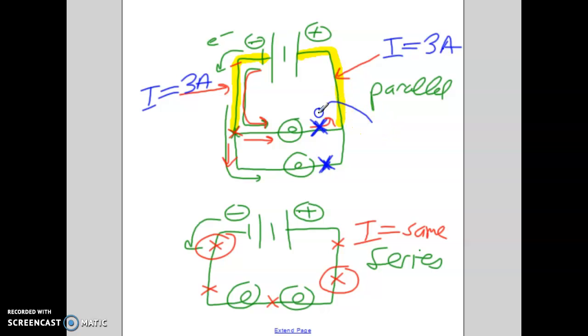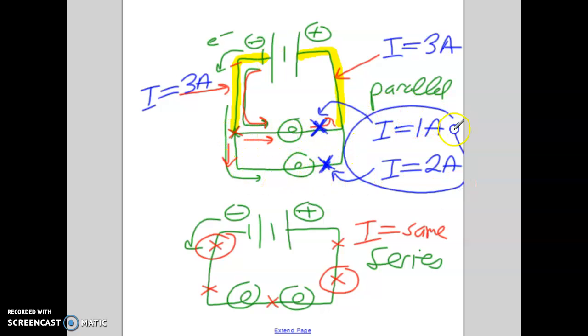However, maybe at this location I have 1 amp. That would mean the remaining electrons would have to be on that second pathway. So when you split them into multiple paths, those have to add up to whatever it is when they're together.